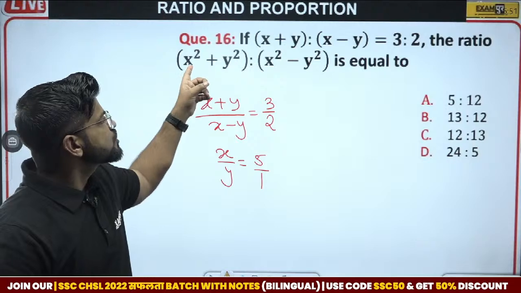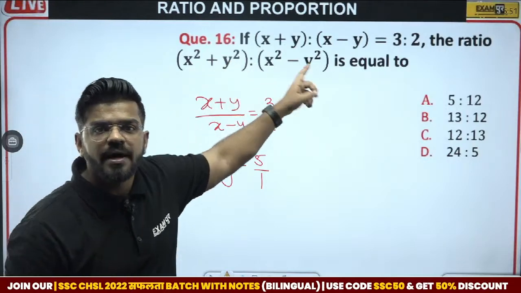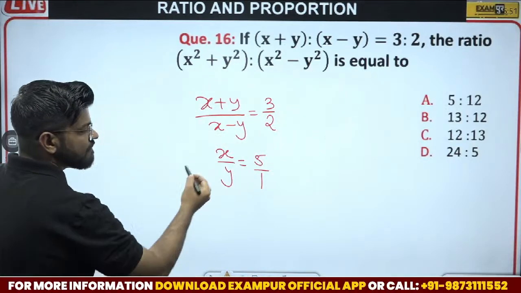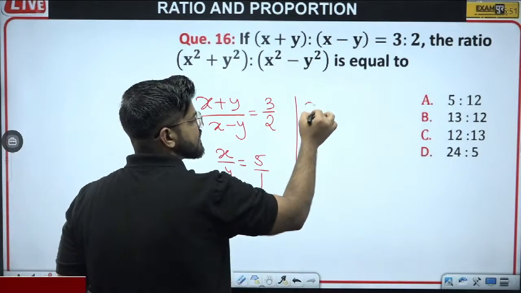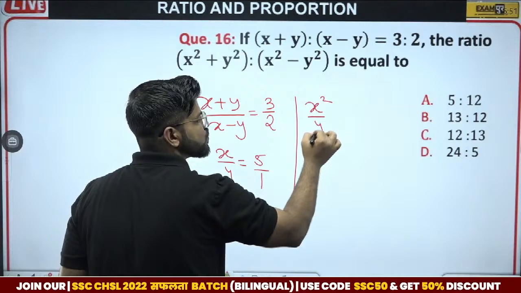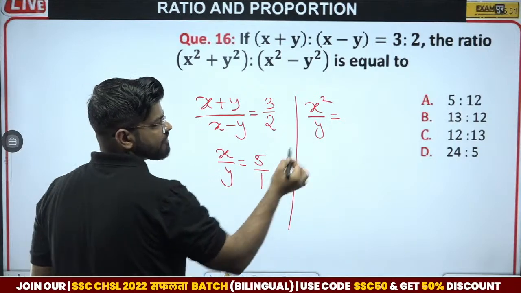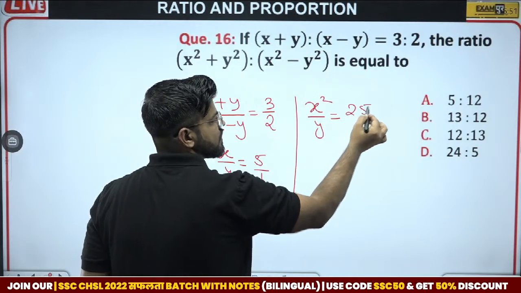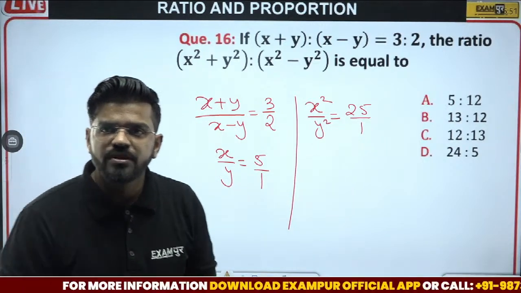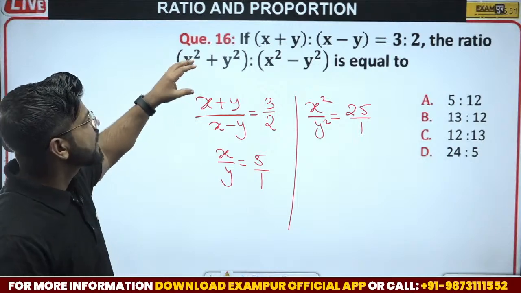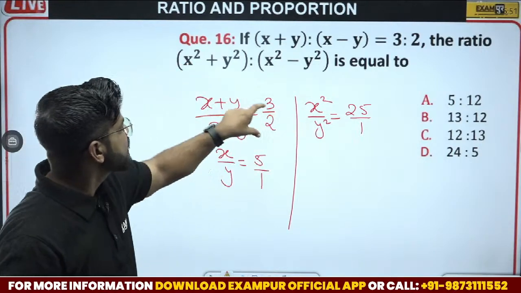Now we have x square plus y square and x square minus y square. That means we have to square both the sides. After squaring, we will get x square by y square is equal to 25 upon 1. Okay, now again we have to convert this part into this part.